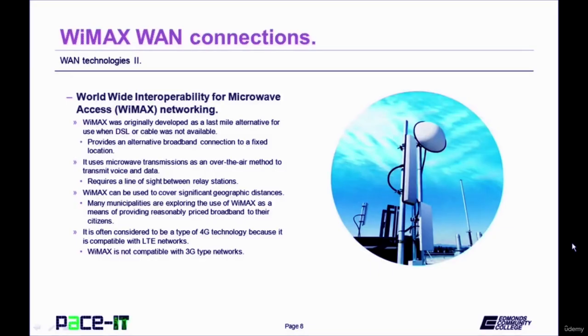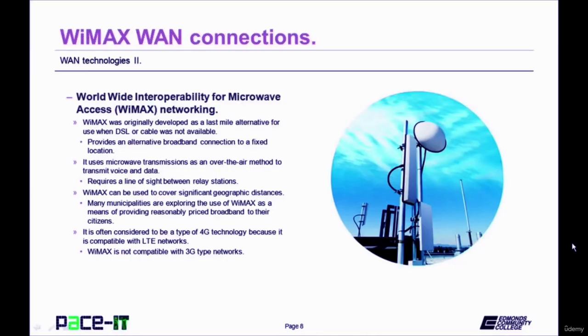It can provide an alternative broadband connection to a fixed location. It uses microwave transmissions as an over-the-air method to transmit voice and data. It does require line of sight between relay stations, but WiMAX can be used to cover significant geographic distances.